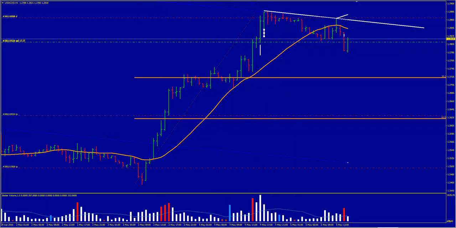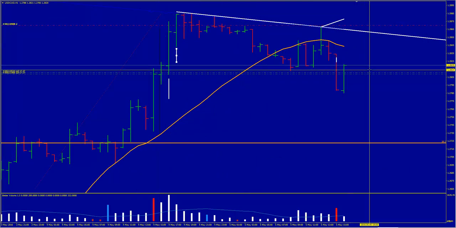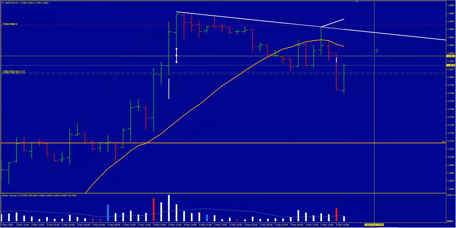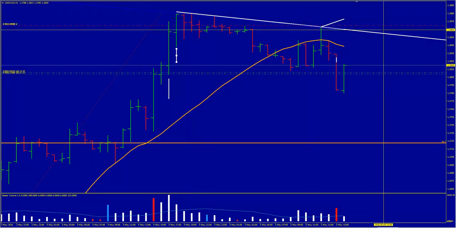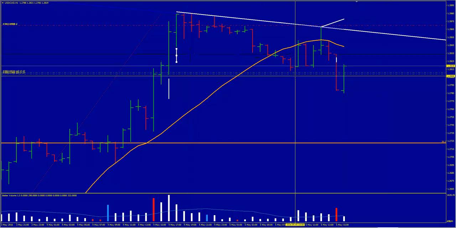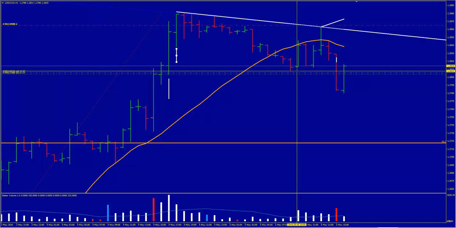Okay, if the price goes and breaks this supply trend line, I established selling positions because I'm expecting the sell-off on the USD CAD, but I always have the second option.